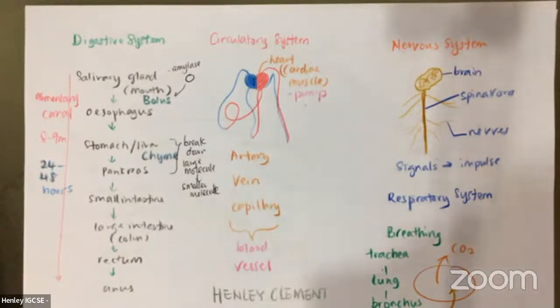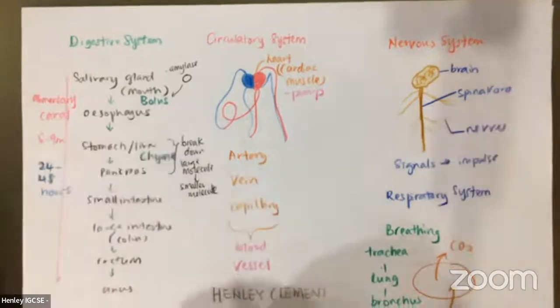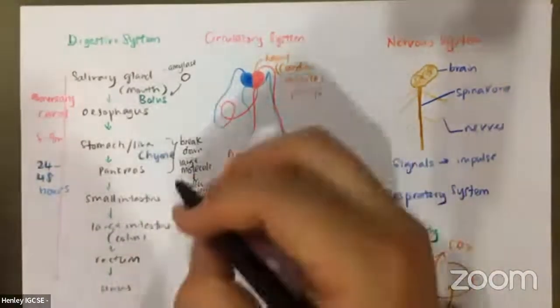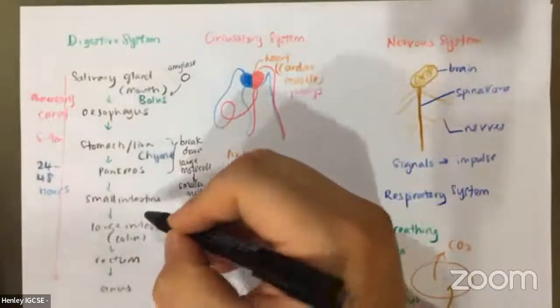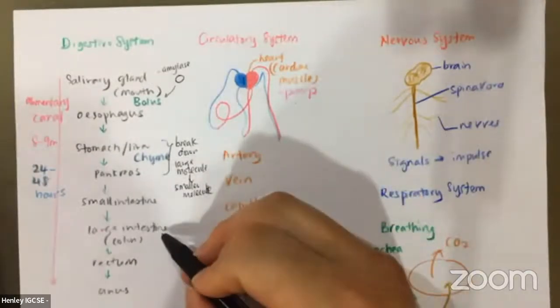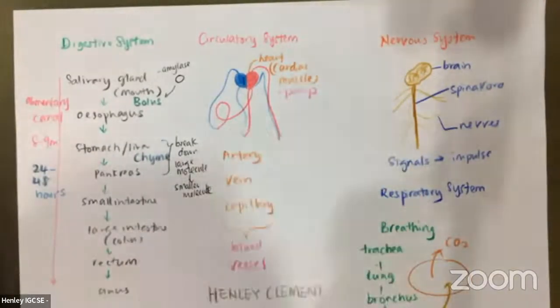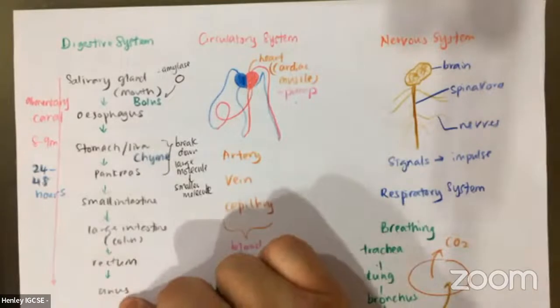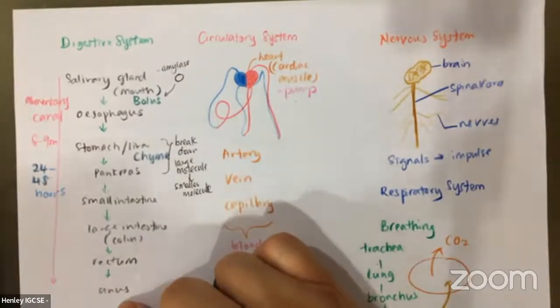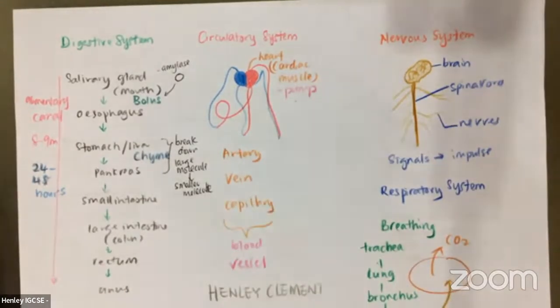This surrounds the small intestine and takes away all the digested nutrition, and then the rest of the food will go to the large intestine, where water will be taken away, and then go to the rectum and anus, and you will excrete it from our body.